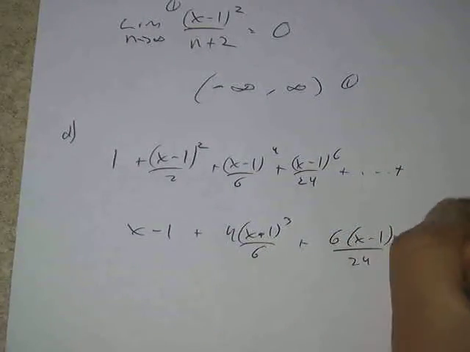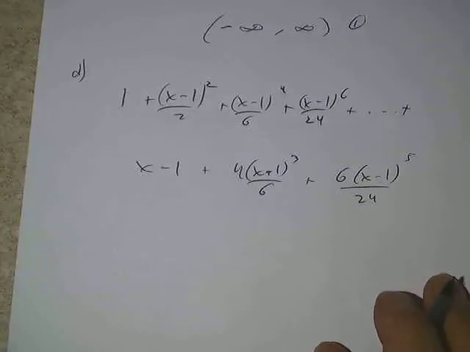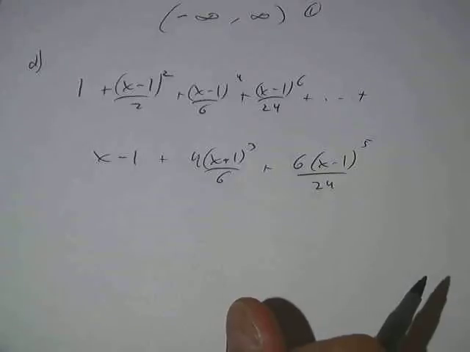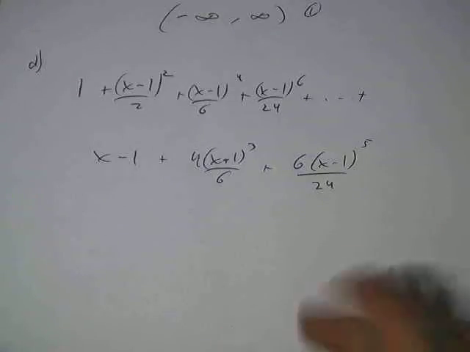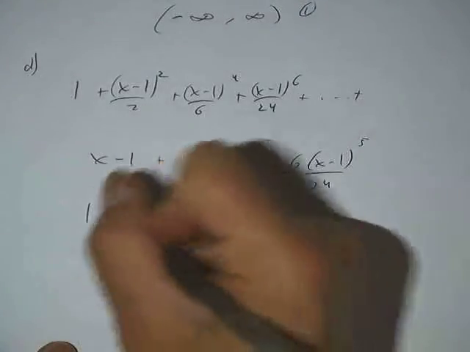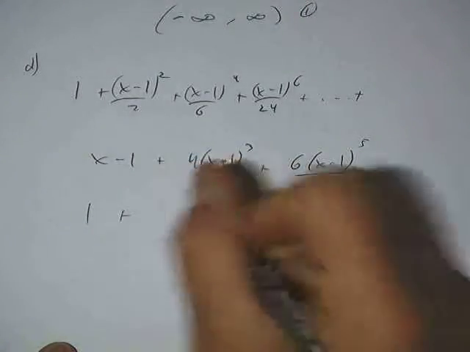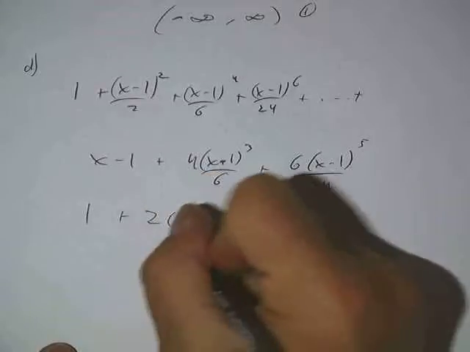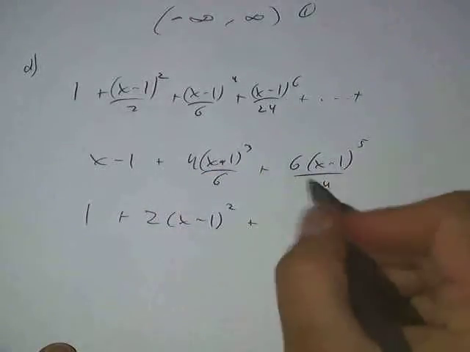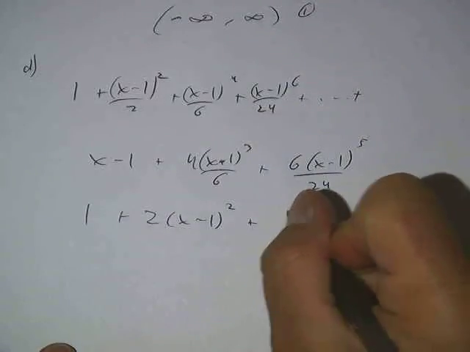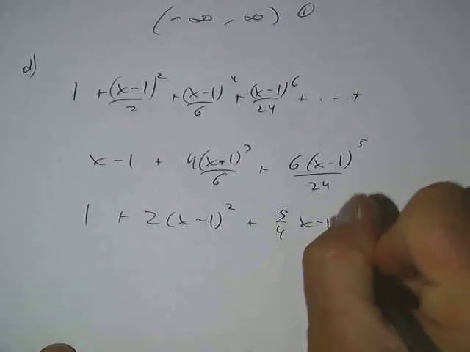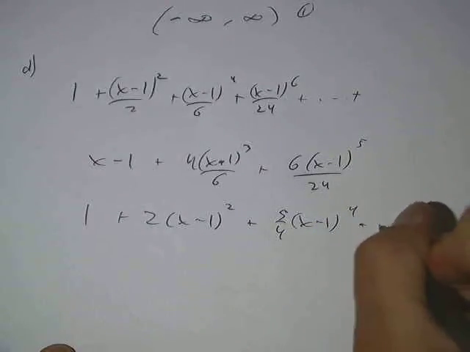What we need to consider here again is that if we use this Taylor series for f, which we have here, and we want to figure out if it has any points of inflection, then we need to look at the second derivative. So the derivative here is going to be 2 times (x minus 1) over 2, which would cancel and leave us with just x minus 1 for that part.